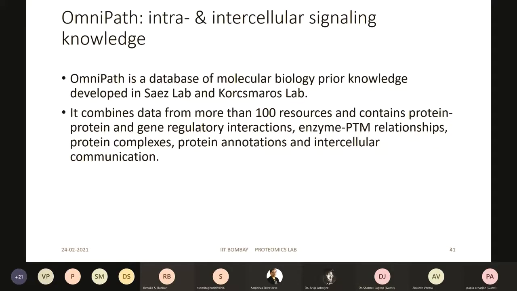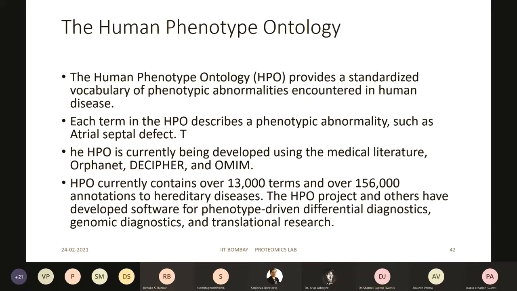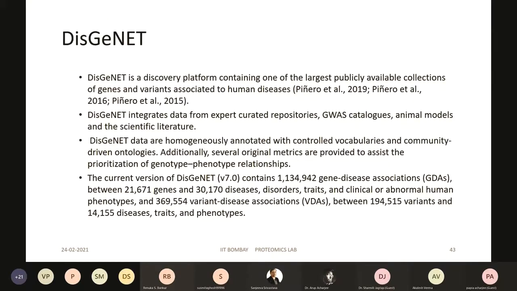Then there is OmniPath. So it's again a manually curated database. So it has protein-protein and gene regulatory interaction studies, enzyme-PTM relationships. Then there's the Human Phenotype Ontology database. So it covers phenotypic abnormalities such as Orphanet, DECIPHER, Online Mendelian Inheritance in Man, and so on and so forth. There is also DisGeNET.